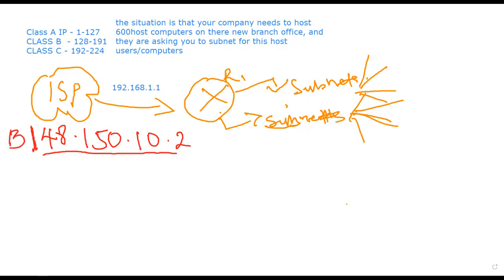Now, we choose a subnet mask. As we know, for a class B the first two octets are always filled, which means that for the subnet mask we are going to have 255.255 for a class B. But for a class C, we have the first three octets. So for a class B, we have 16 bits.